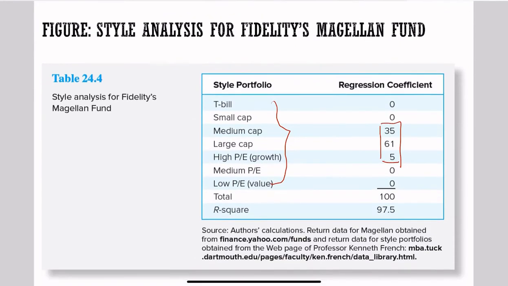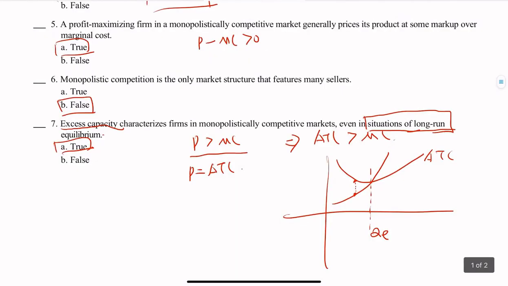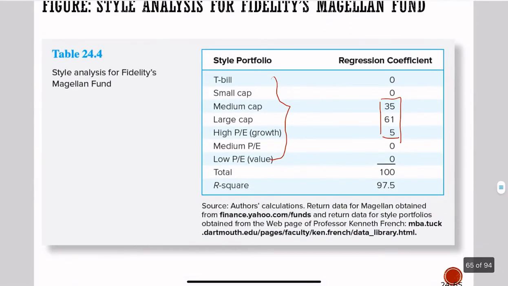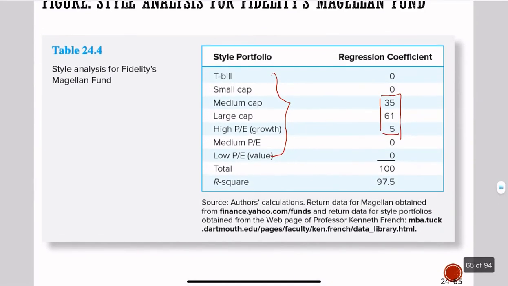So I can see that this Fidelity mutual fund has the largest exposure to large cap, and then the second largest exposure to medium cap, and it has some small exposure to growth stocks.